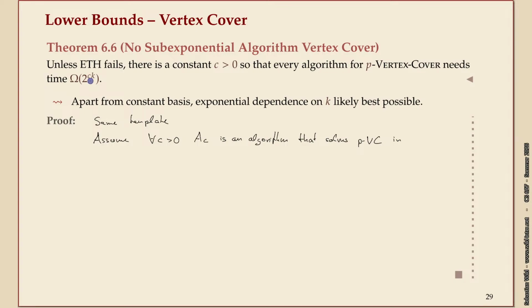Again, the negation of needing exponential time would be something like a sub-exponential term times a polynomial in n. So you make that assumption. From that, we build an algorithm that solves a problem that seems to contradict the hypothesis. And we can take the shortcut to the previous theorem.